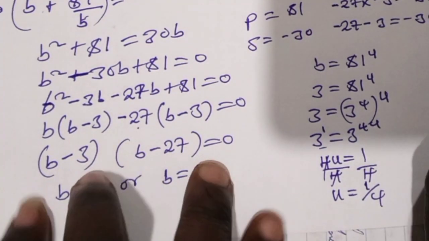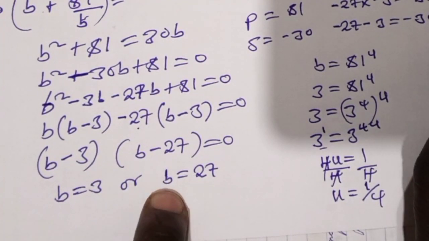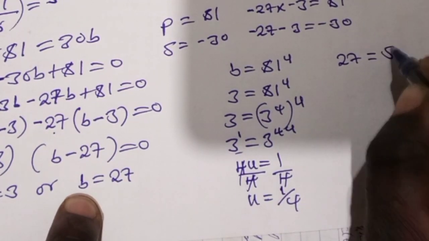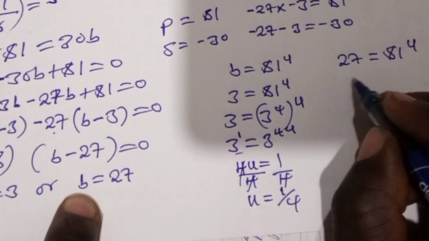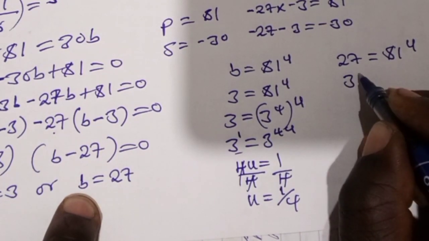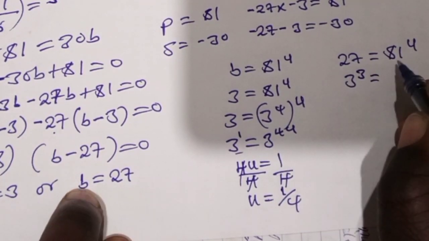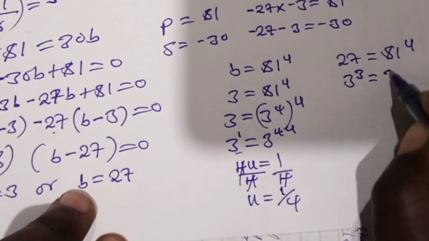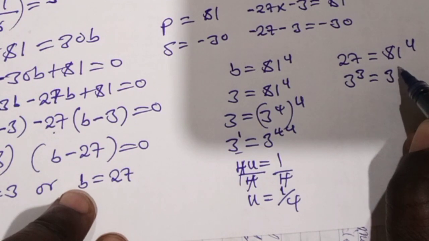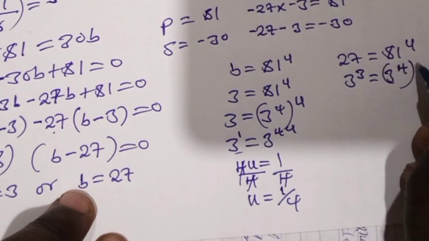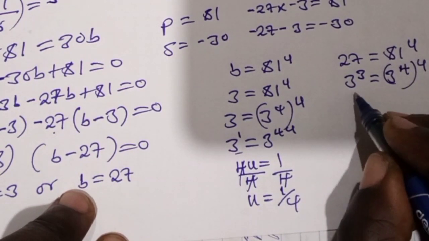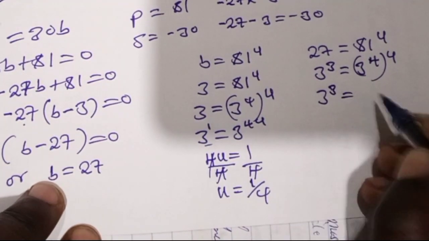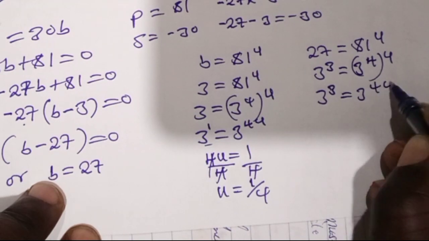Then let's take when b is equal to 27, it is equal to 81 power u. Then 27 is 3 power 3, which equals 81, which is 3 power 4 to the u, so 3 power 3 equals 3 power 4u.